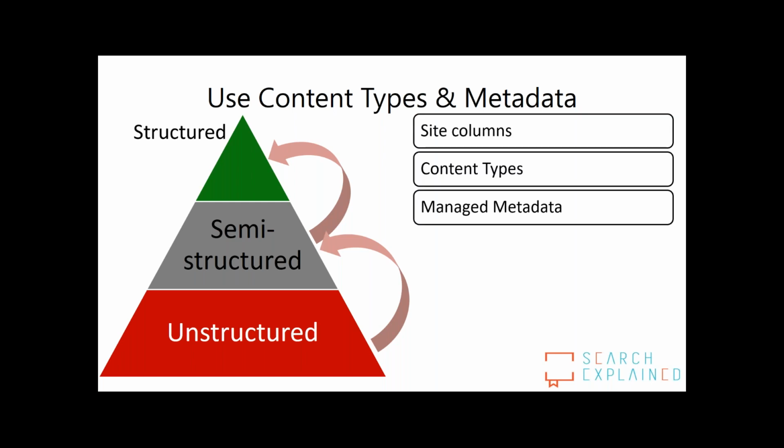My recommendation would be always to use site columns as much as possible. Always use content types whenever you can, and managed metadata should be used whenever it makes sense. And definitely you have to help your users as much as possible, providing default values, providing auto tagging, providing whatever you can to help them add better metadata.